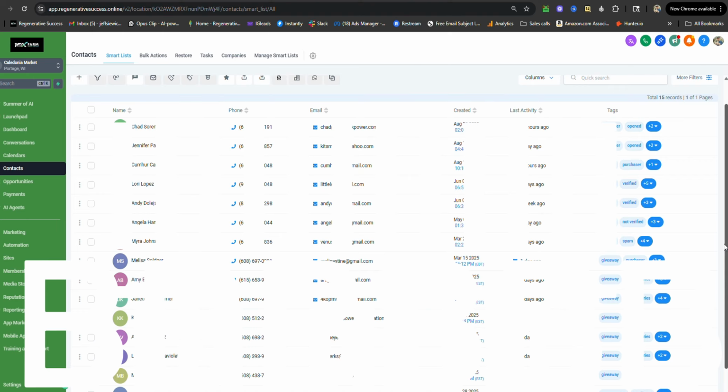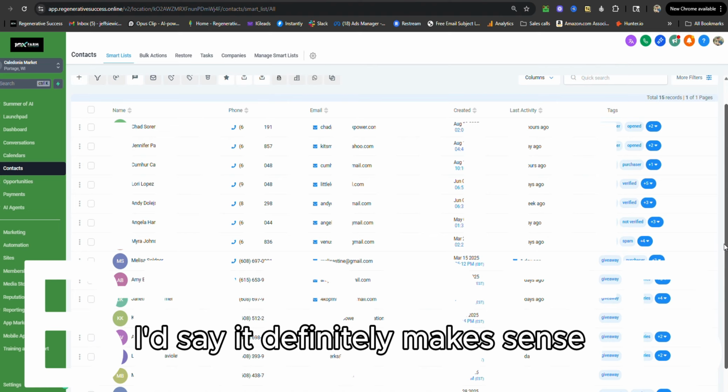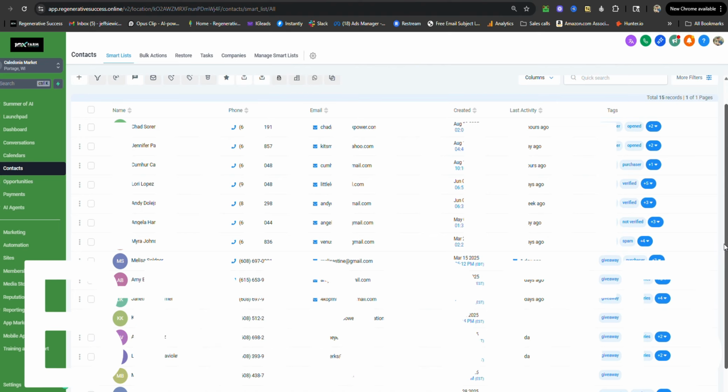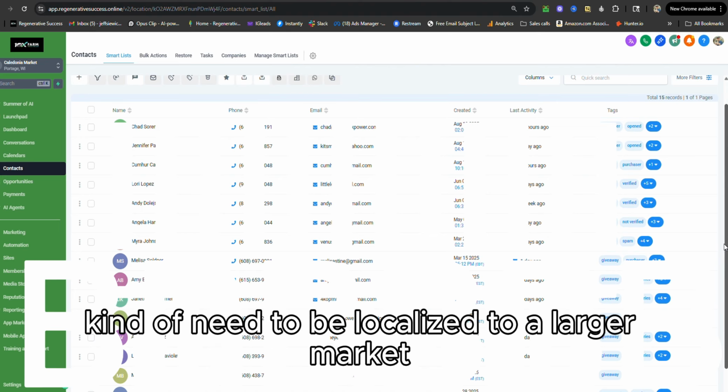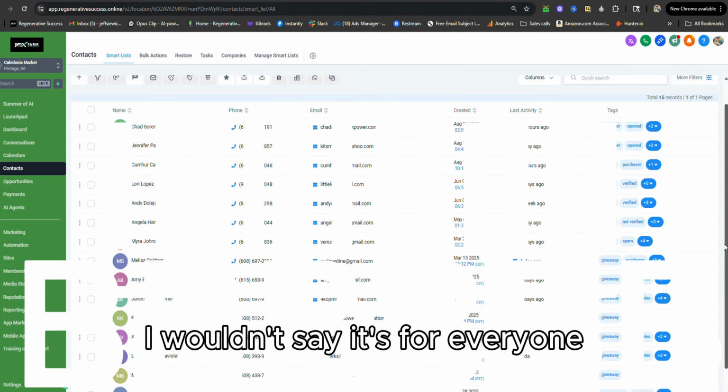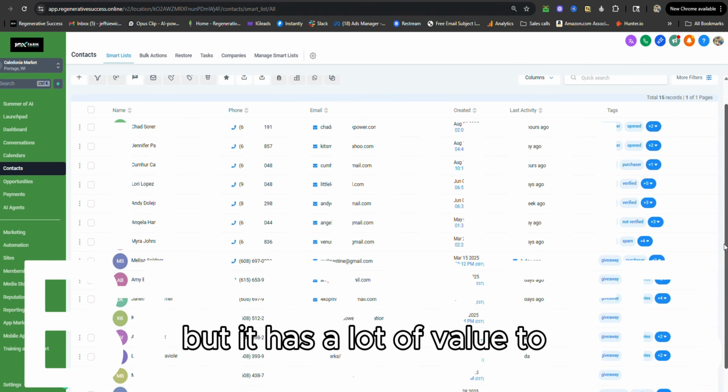So I'd say it definitely makes sense, with some caveats. You really need to be localized to a larger market. That's important. I wouldn't say it's for everyone, but it has a lot of value to, I would assume, most producers.